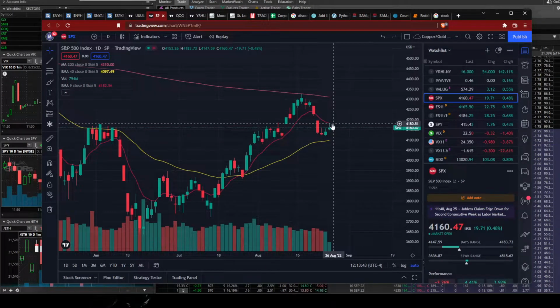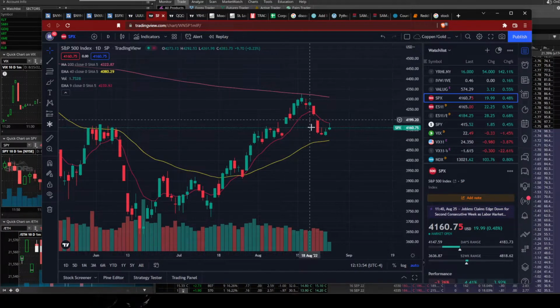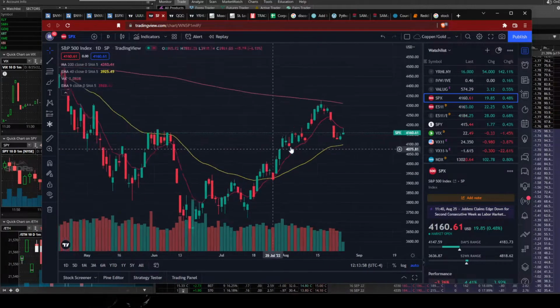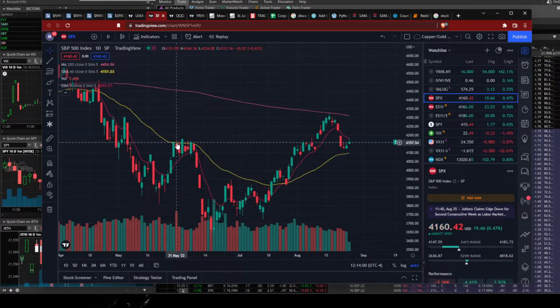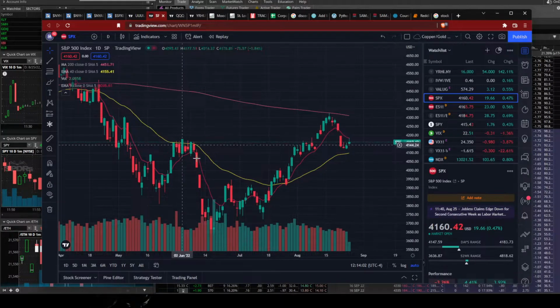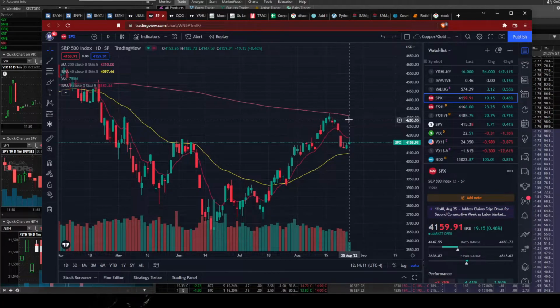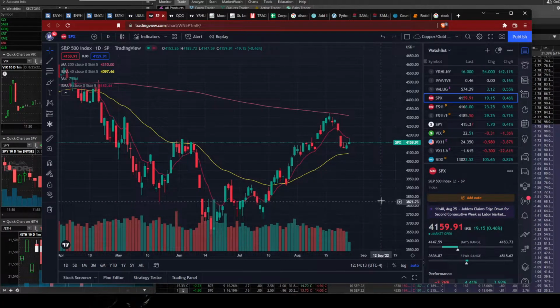So if we see a pop, we've got one EMA at around 4180, so around that 4180, 4200 zone. Maybe we can see that overshoot. We've seen it overshoot this line before and come back down within a week. So maybe it goes after that 200-day moving average again.